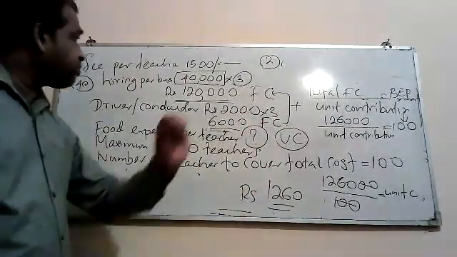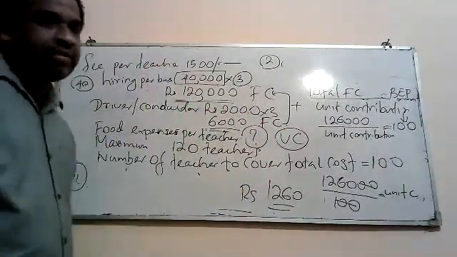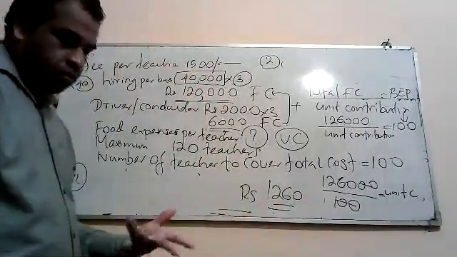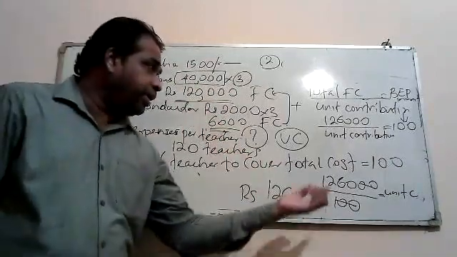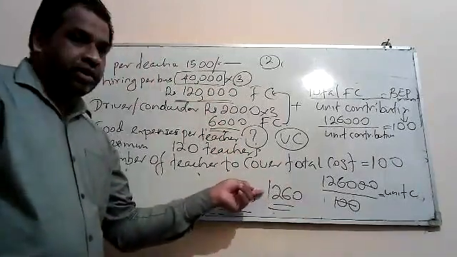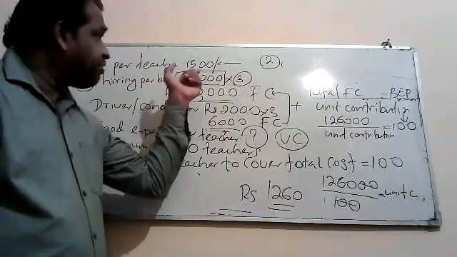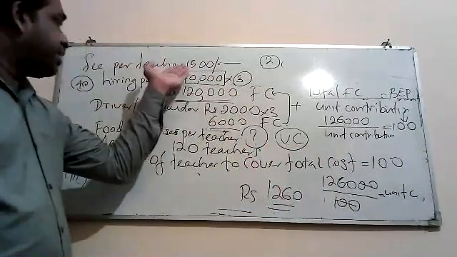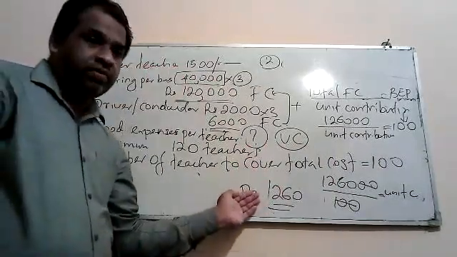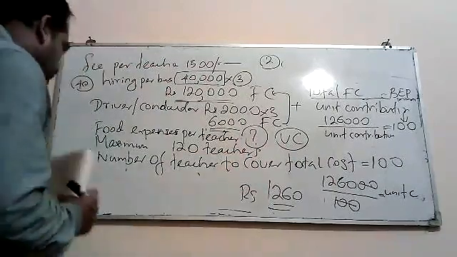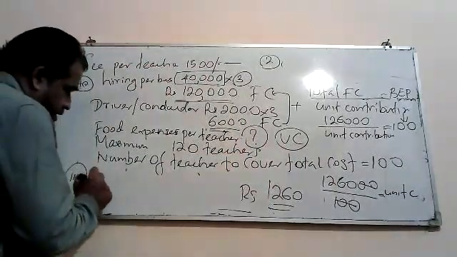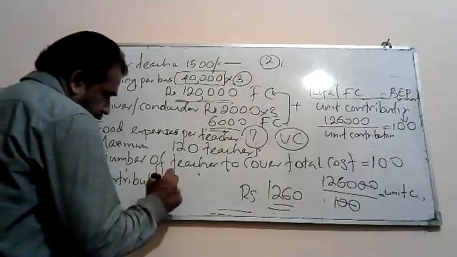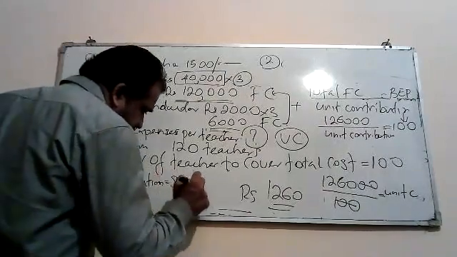Normally we deduct variable cost from the selling price, or price per teacher, to get unit contribution. But here we indirectly calculated unit contribution. Now we have the selling price, the amount charged from one teacher. Therefore, the difference between price per teacher and unit contribution will be variable cost. In the normal formula, contribution equals selling price minus VC.